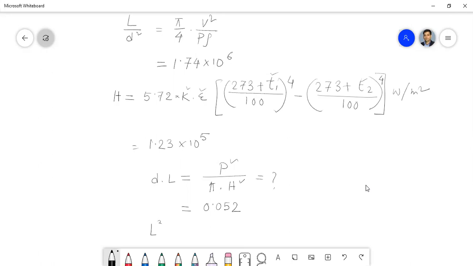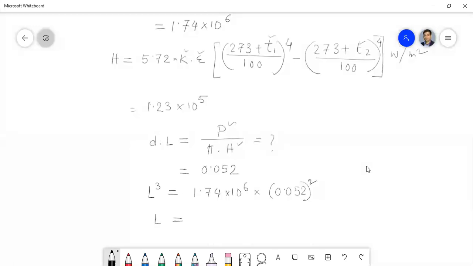Then you will obtain the L cube value. Then from this you solve for L.